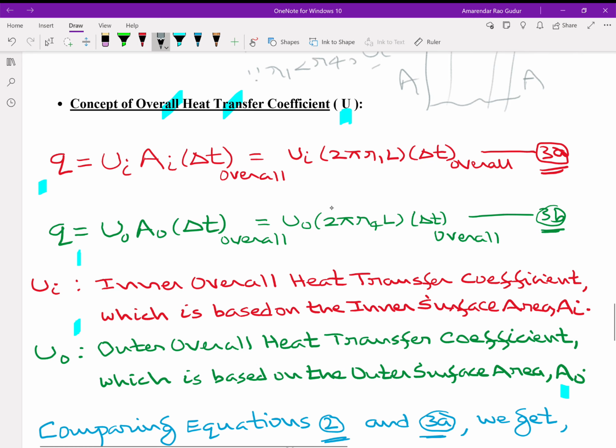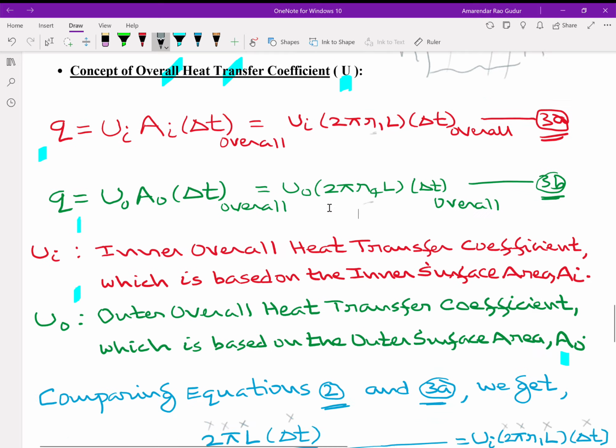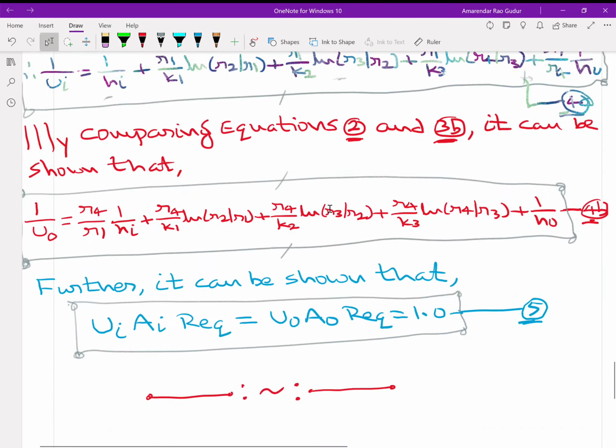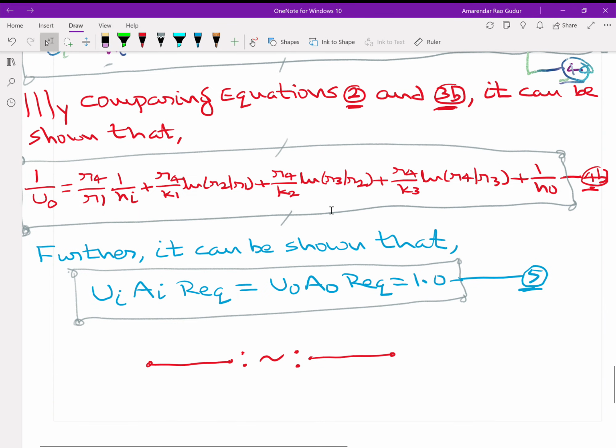Only change is that this is inner surface area 2 pi R1 L, whereas this is outer surface area 2 pi R4 L. And once we replace R1 by R4 and carry out the same analysis, we obtain the expression for the outer overall heat transfer coefficient.